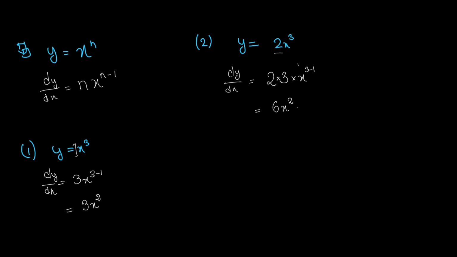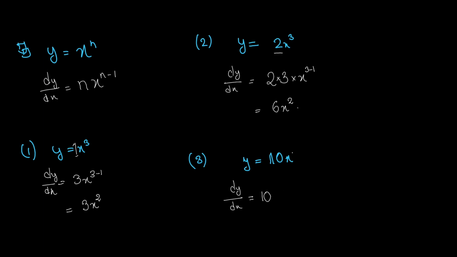Now let's look at another question. Let's say we have y is equal to 10x. For this equation, let's say we were asked to differentiate with respect to x again. Just like before, 2 was a coefficient. For this question number 3, 10 is a coefficient, so we have to write 10 on the front.